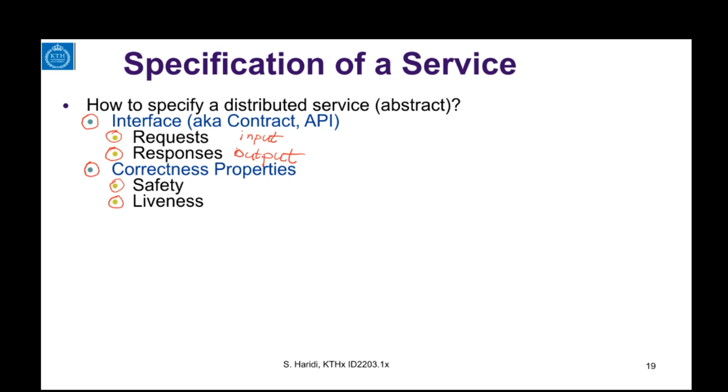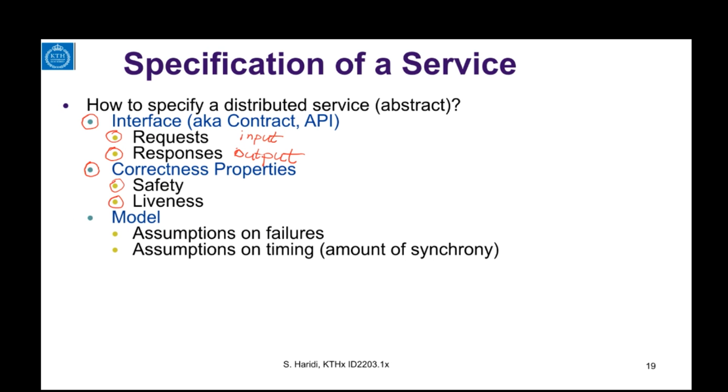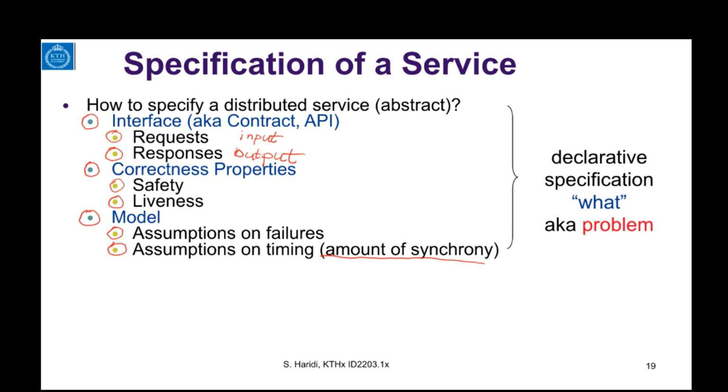We will talk about this in this lecture. Next, we have to specify what kind of distributed system model we are working with. As I just mentioned before, it will be talking about what are the failure assumptions of the model and what are the timing assumptions of the model, which is basically the amount of synchrony that the model allows.